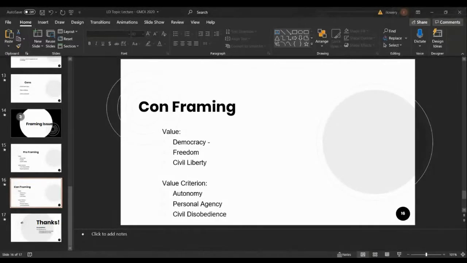So in LD debate, there are sort of 2 framing devices that you use. The value, which is basically you telling the judge, this is sort of the most important moral or ethical concept that we should determine who wins or loses by. And then there's the value criterion, which is sort of a lower framing issue that the judge should evaluate how you meet that value by.